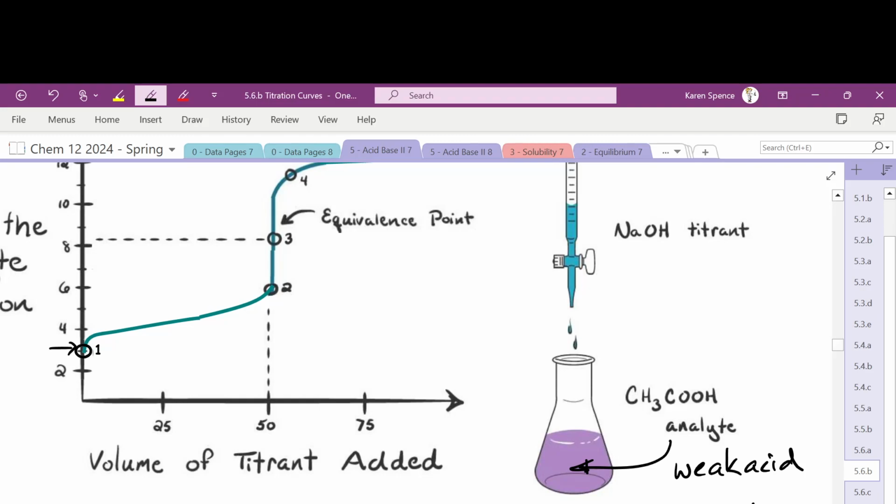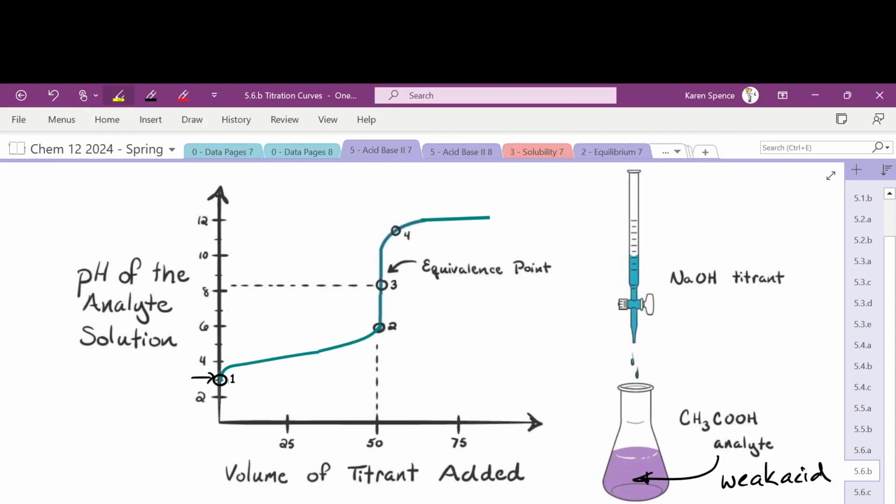Okay? Now, there's a couple things that you need to notice here. We have a little hill. Right at the beginning, there's a little hill.